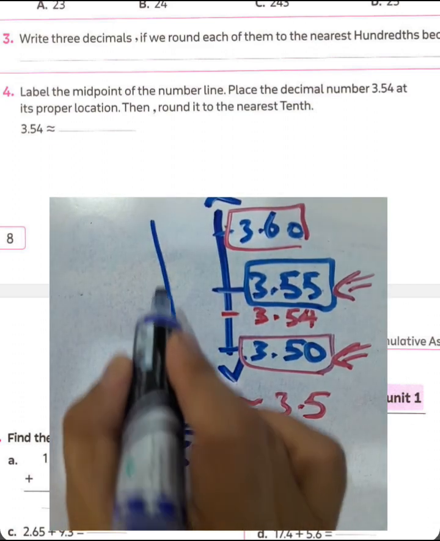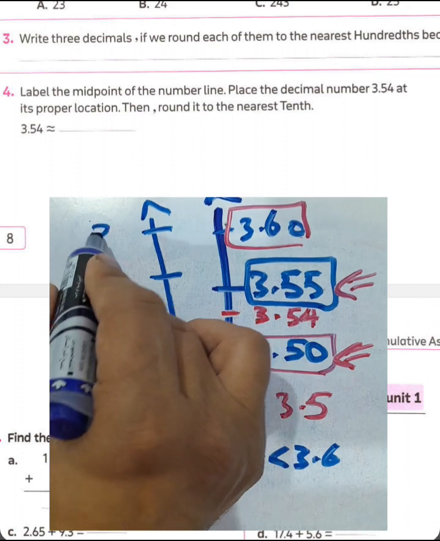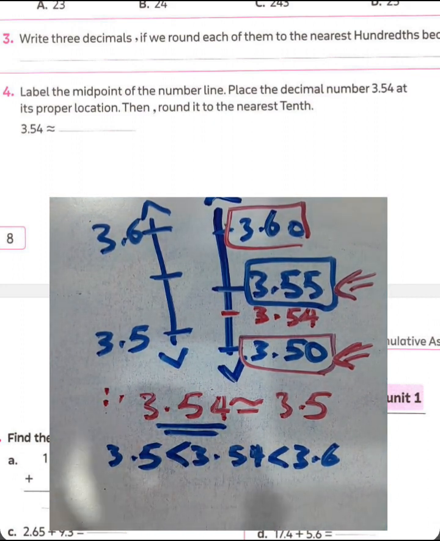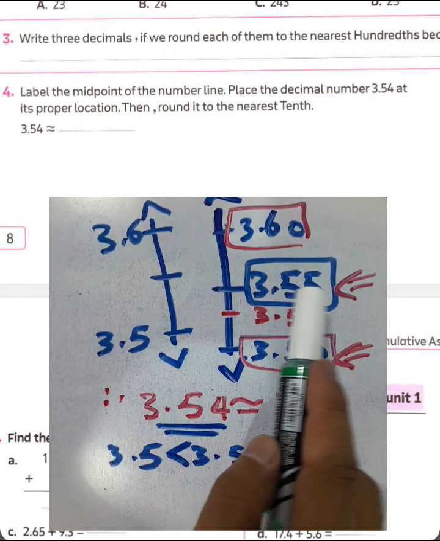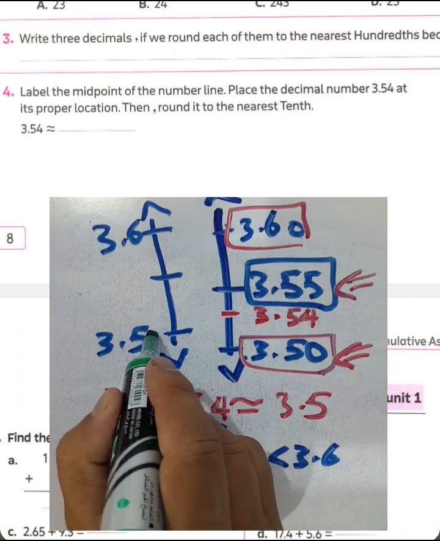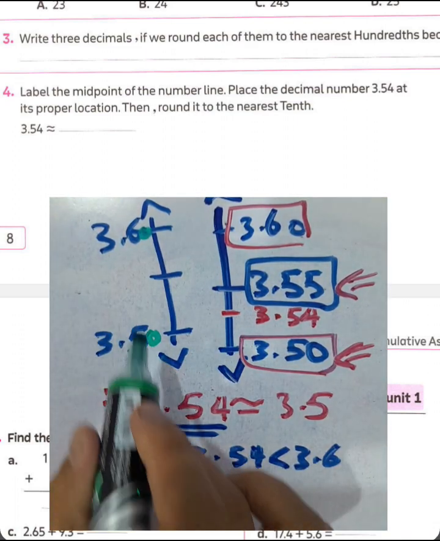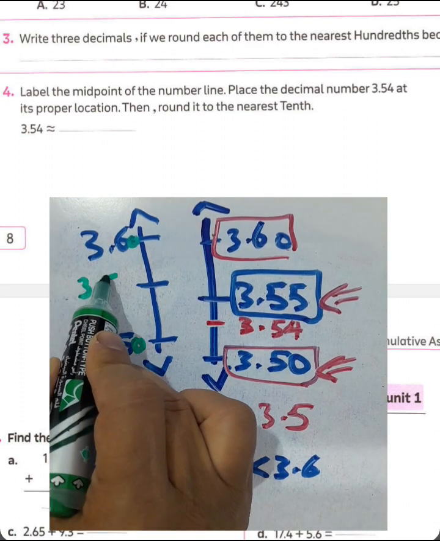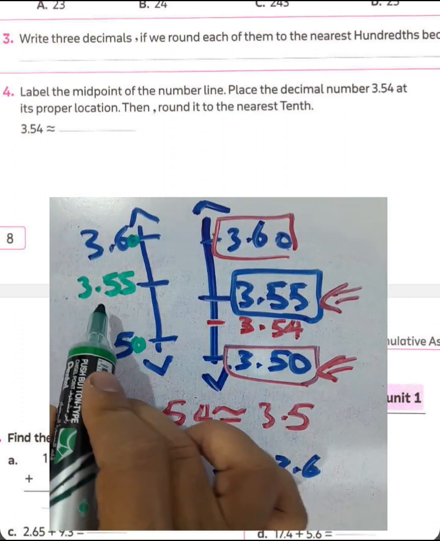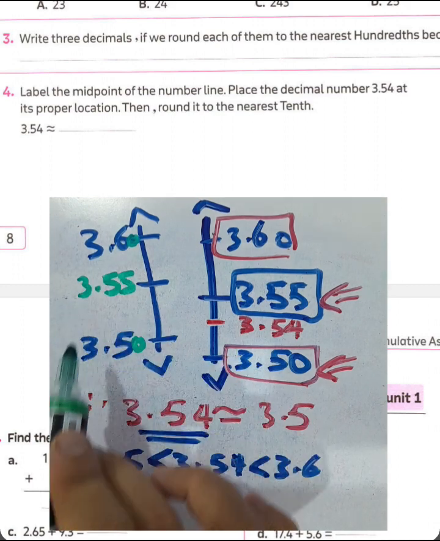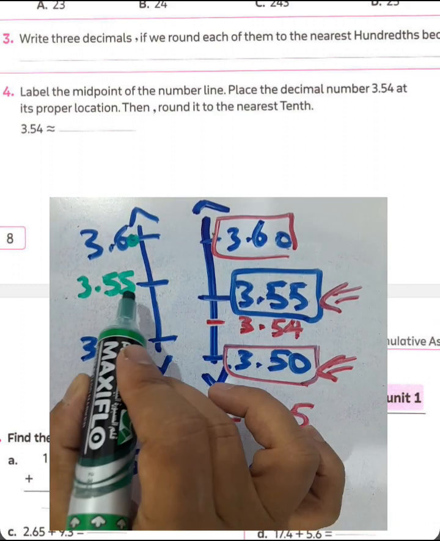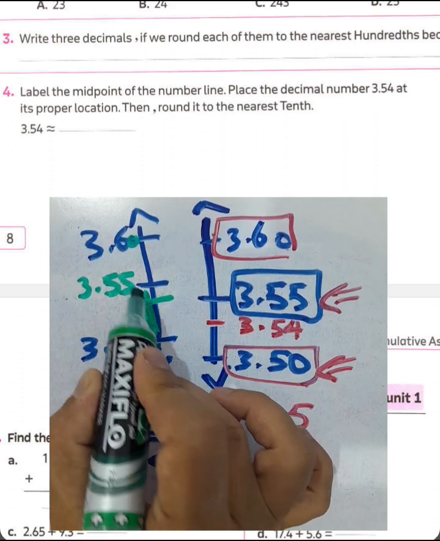Draw the number line and write 3.6 and 3.5. To find where this number lies, we put 0 here and 0 here. The midpoint between the two is 3.55. 55 hundredths lies between 60 hundredths and 50 hundredths, and 3.54 lies in this part, nearest to 3.5.